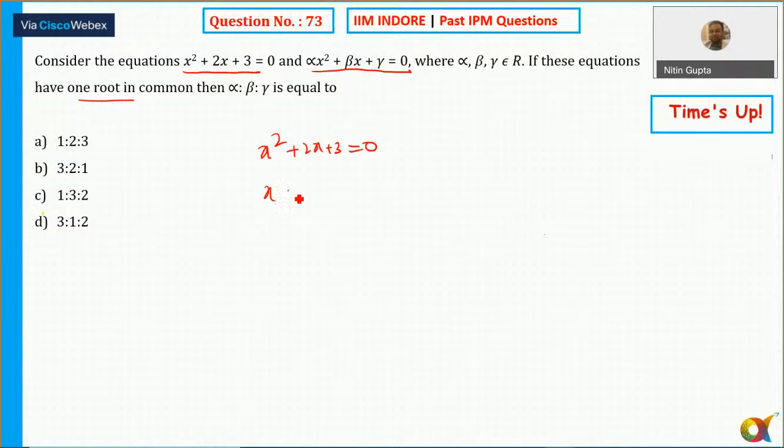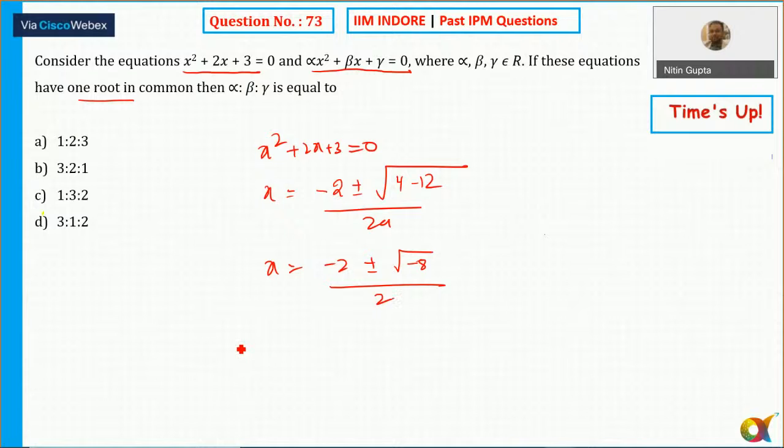That is x is equal to minus b plus minus root of b square, which is 4, minus 4ac, that is 12, by 2, plus minus, that is what? Root 8 by 2. And we know that imaginary roots always occur in pairs.